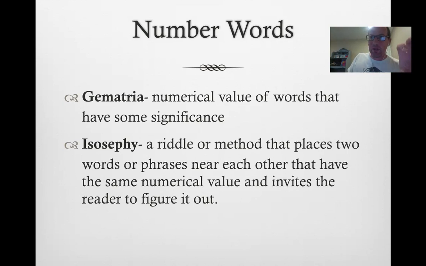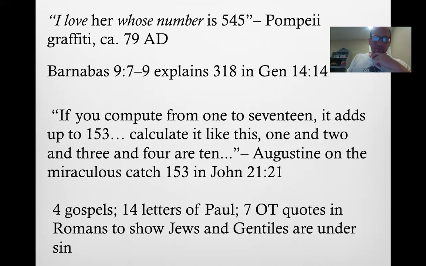So I am going to say that John does place gematria or isopsephy in his book. In fact, my friend Ian Paul's blog is called Seifidzo, which means I calculate. It's because of his fascination with the book of Revelation that he picks that as his blog title. Anyway, here we go.